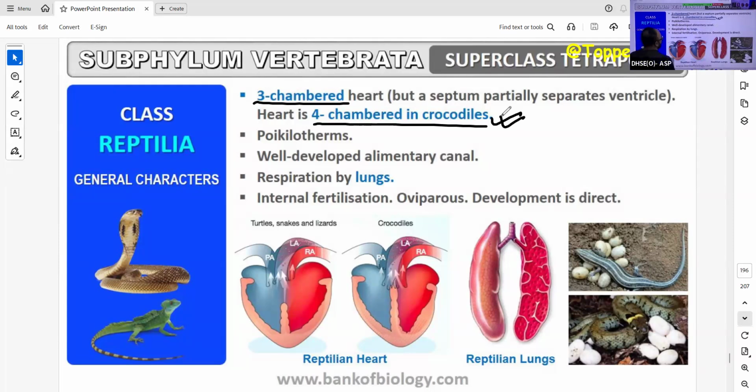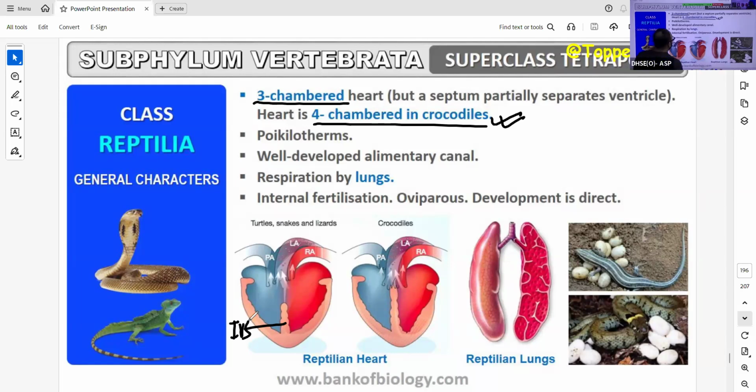That is, there are two auricles, but the ventricles are partially separated by formation of the interventricular septum. The two auricles are clearly formed.